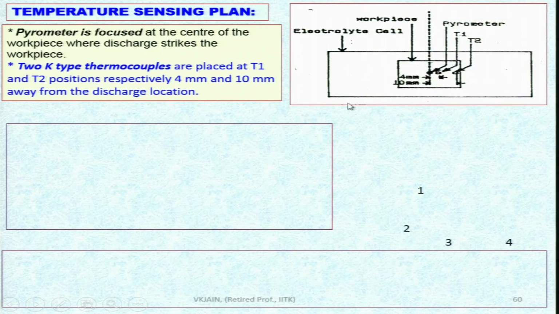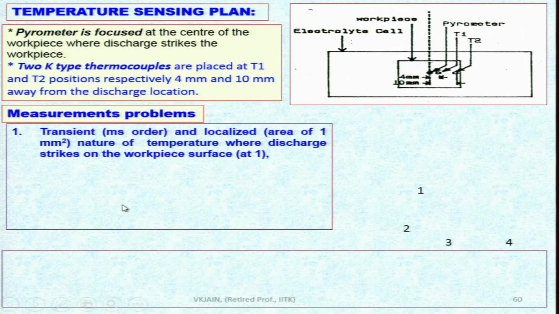You can see here carefully: this is the discharge location, this is the T1 temperature, 4 millimeter away, and this is 10 millimeter away from the discharge location. We are assuming that this is the discharge location. It depends upon where the sparking is taking place, which is stochastic in nature, as we have already mentioned in the assumption while analyzing it.